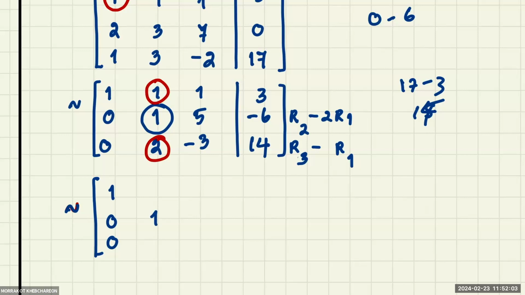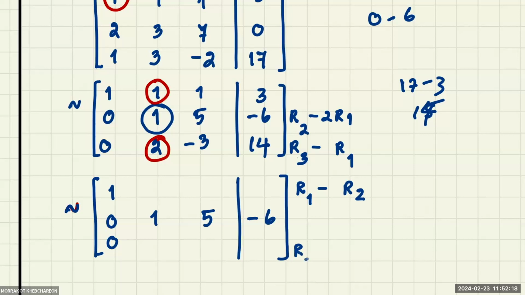This is 1. This is 5. This is minus 6. Okay. So I have row number 1 minus row number 2. Row number 3 minus 2 of row number 2.